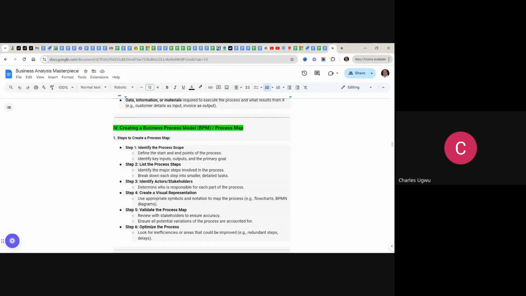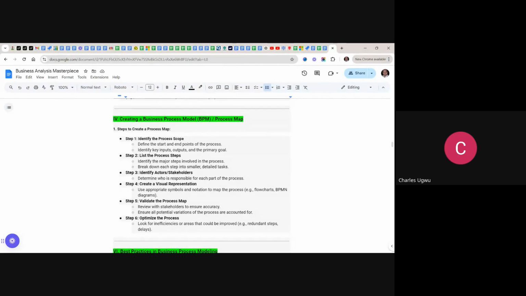Secondly, list the process steps: identify the major key steps involved in the process, and break each step down into smaller, detailed tasks.